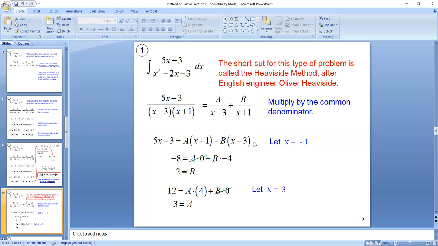The shortcut method, the Heaviside method, is applicable and will make things easy for us if the factors of our original fraction in the denominator are all linear. If not, we still cannot substitute and solve it, because there are other values of x that you still have to solve for.